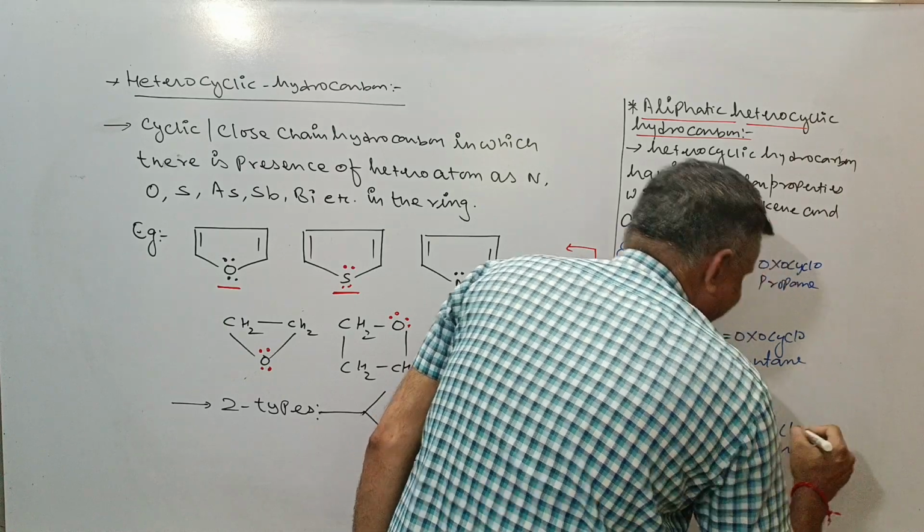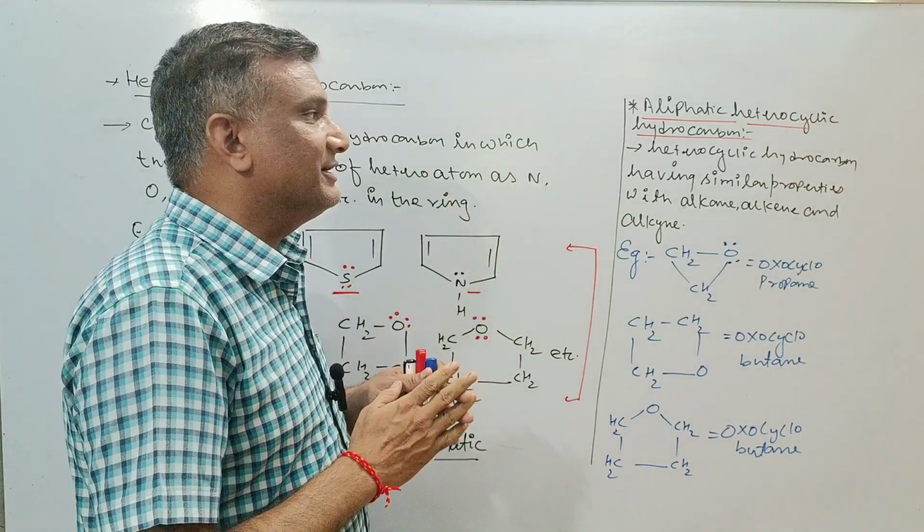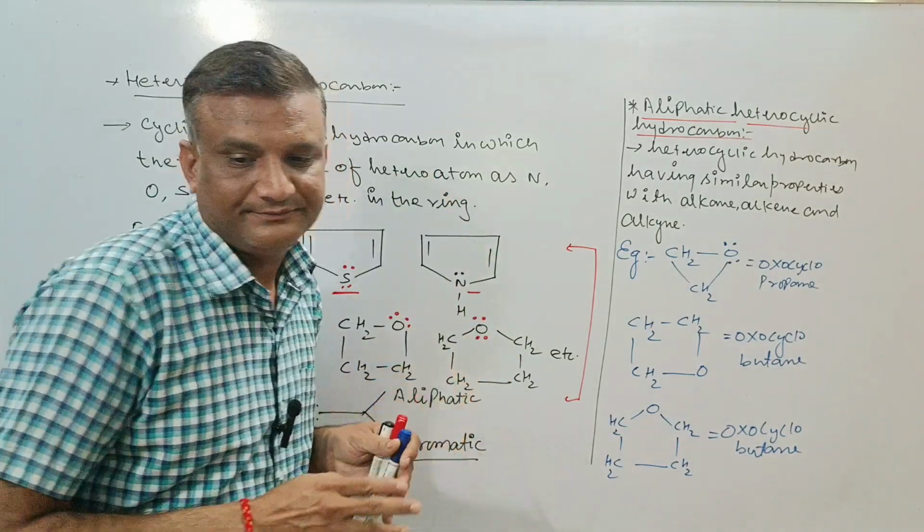So these are examples of aliphatic heterocyclic hydrocarbons.